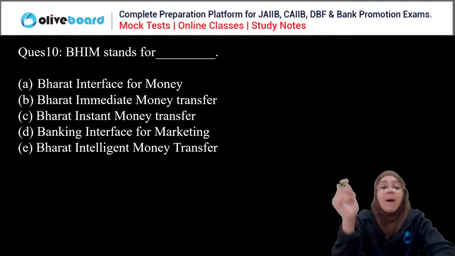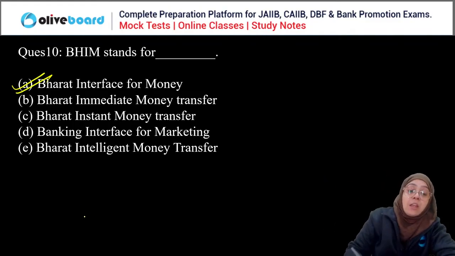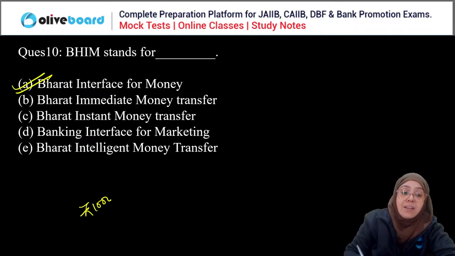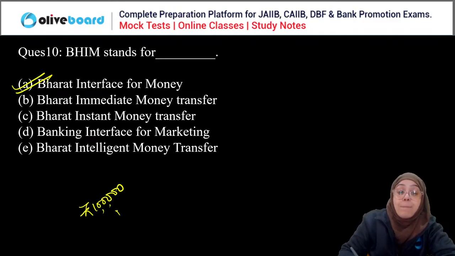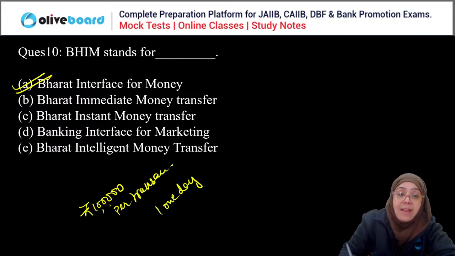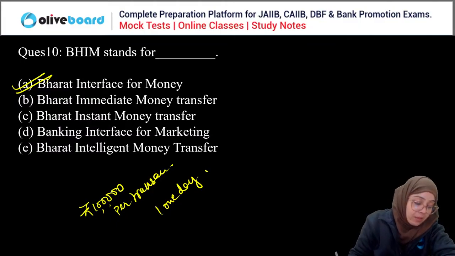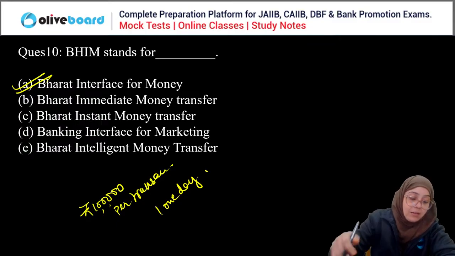So 1 lakh is the limit allowed in BHIM per transaction and in one day also. It is 1 lakh, not 20, not 40, 1 lakh, everyone.